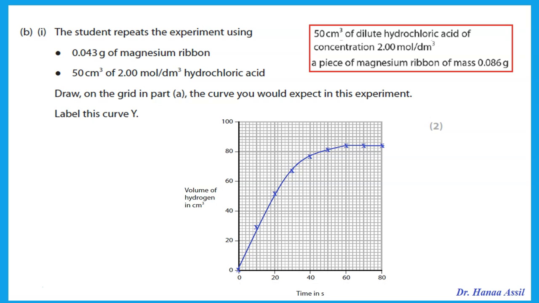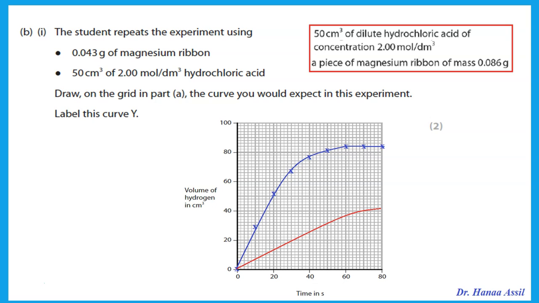So if I'm using half the mass of magnesium, then I will end up with half the volume of gas. So instead of getting 80 something, was that 84 or something, I'm going to get 42 or something like that. About half the volume of gas is obtained because we are talking about the limiting reagent, not the excess.